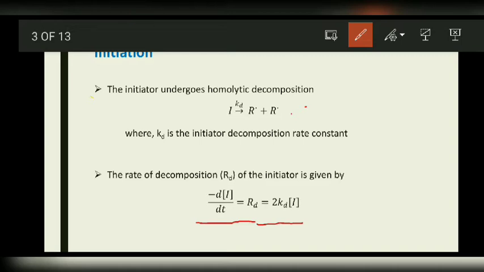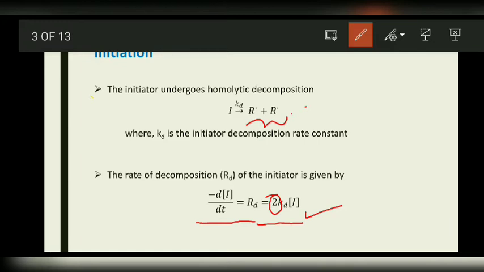The reactant gets consumed, that is why. So this rate of change of initiator concentration will be equal to 2 Kd times the molar concentration of initiator. Why is the factor of 2 used here? A molecule of initiator decomposes to give a pair of radicals. That is why we use 2 here.